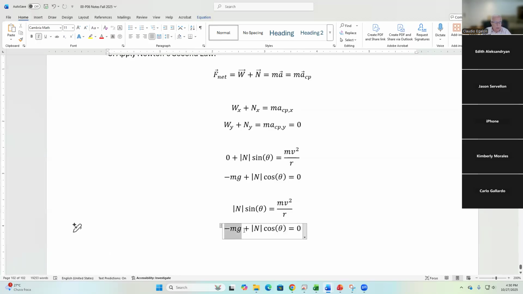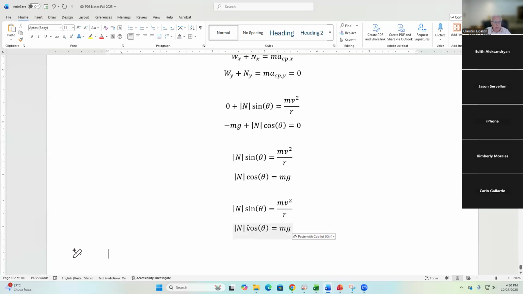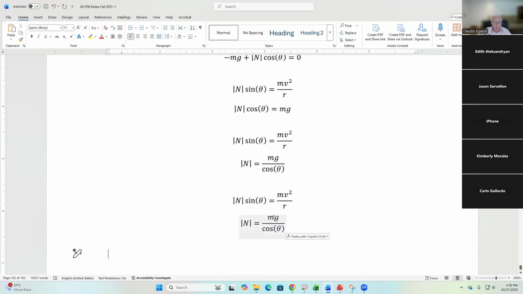The n cosine of theta is going to be equal to mg. Theta is known. We solve our equation for n from here. Don't forget theta is known. Replace this relation for n in the above equation.